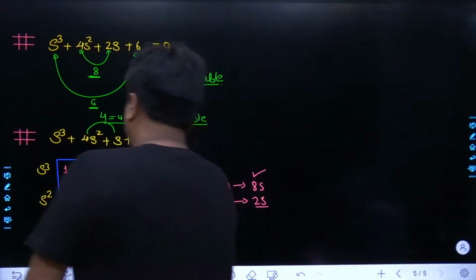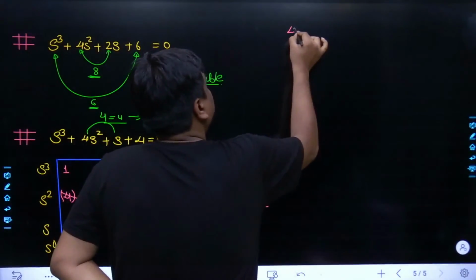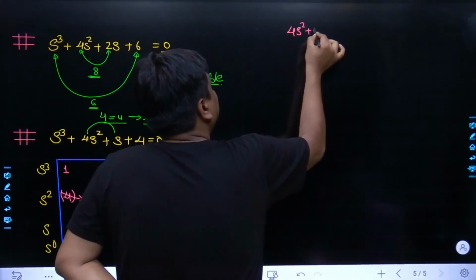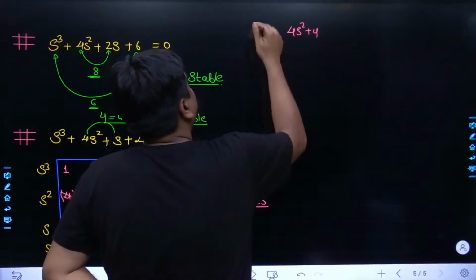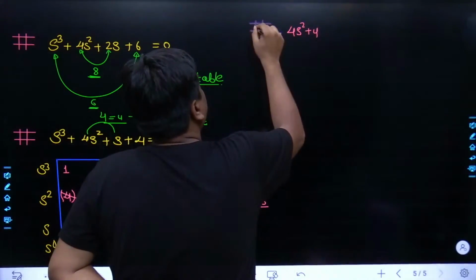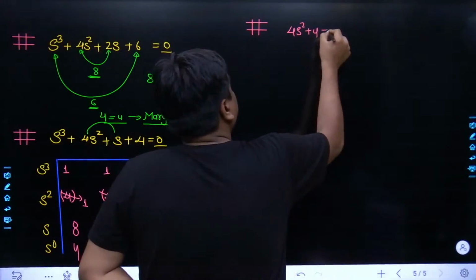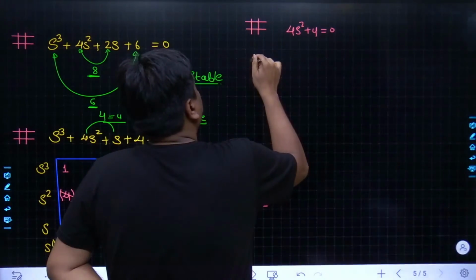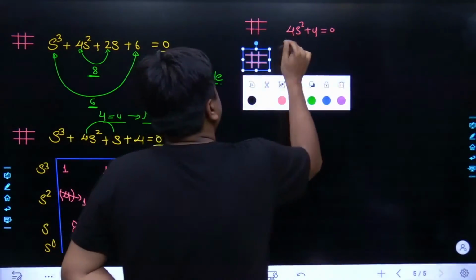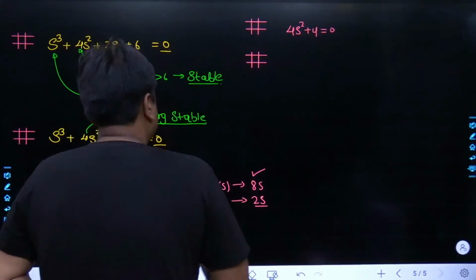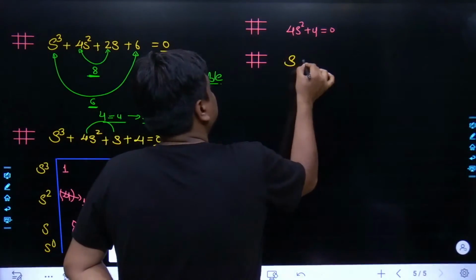And similarly, if you take the reference of 4s square plus 4, and with the help of this auxiliary polynomial, let me create an auxiliary equation. Once we create an auxiliary equation, easily we would be able to find the locations. And may I know where the locations would be?